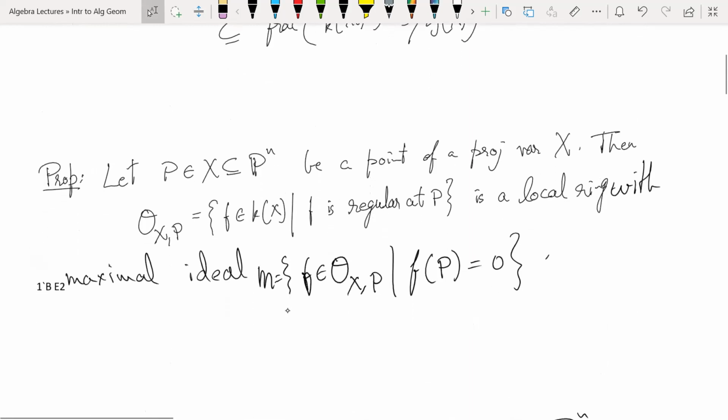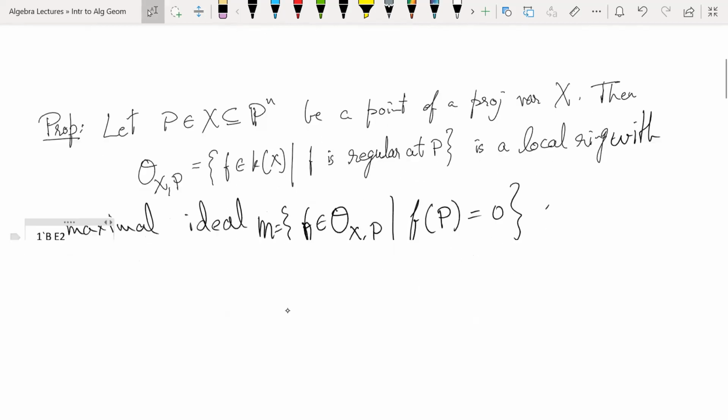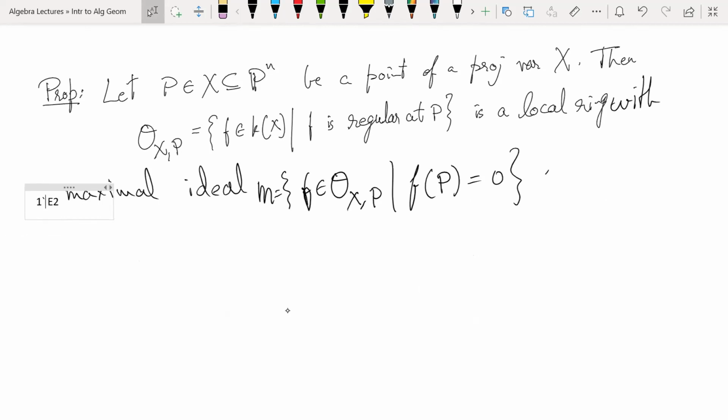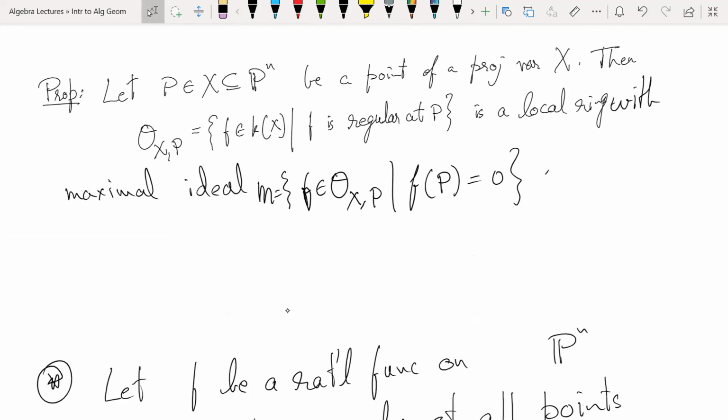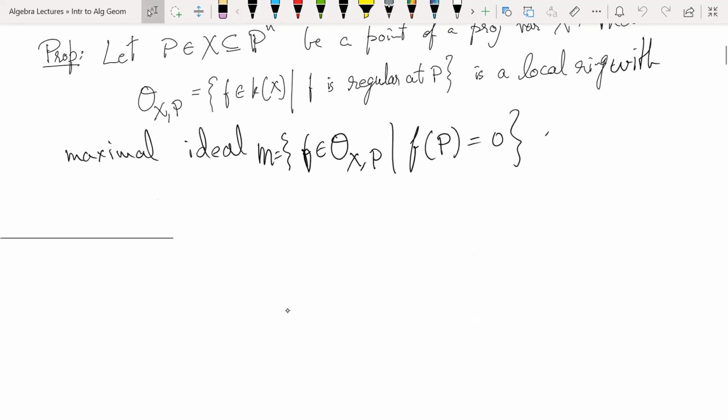Also, last time we saw that this ring, of f such that f is a rational function and is regular at P, is a local ring with maximal ideal M, which is this thing.